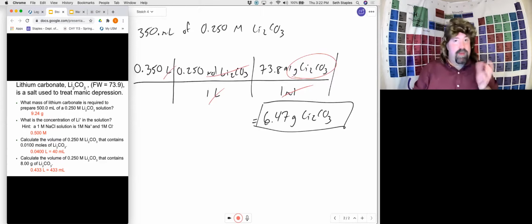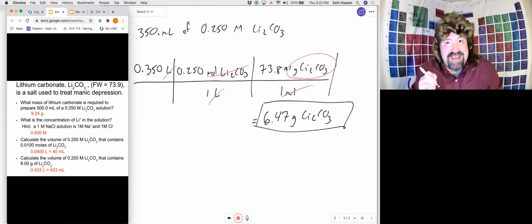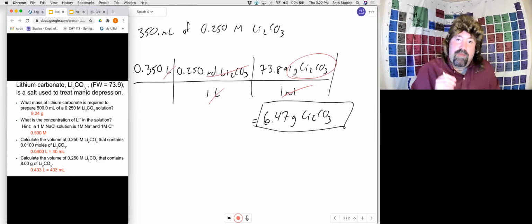Keep in mind what this actually tells me. If I want to make 350 milliliters of a 0.250 molar solution of lithium carbonate, I need to get the solid lithium carbonate from the back room, off the shelf, in its little bottle.